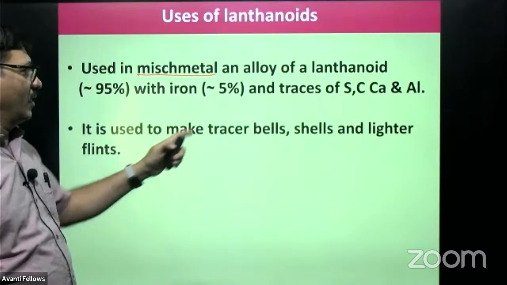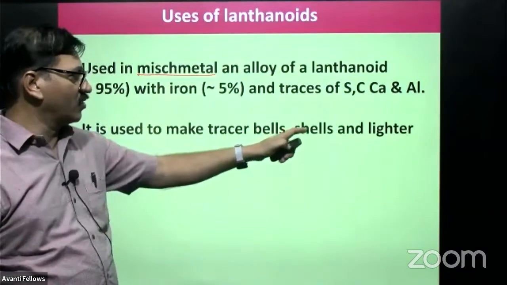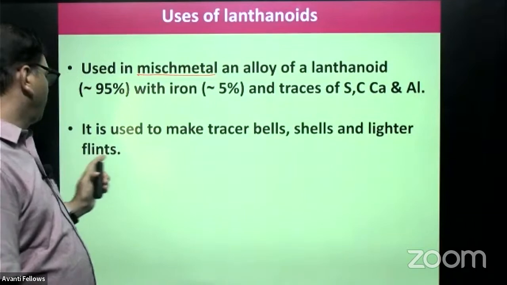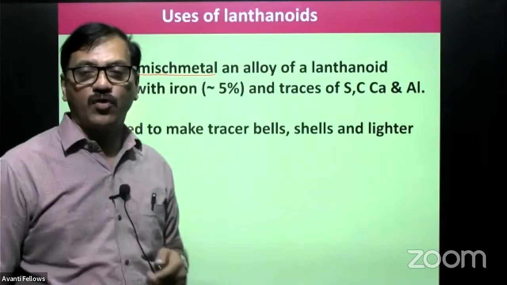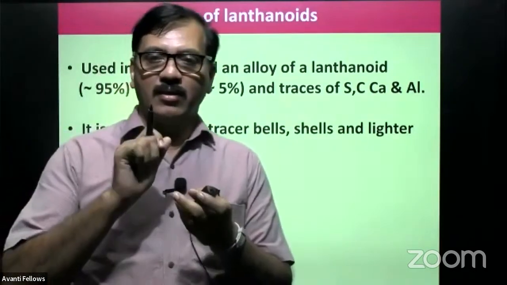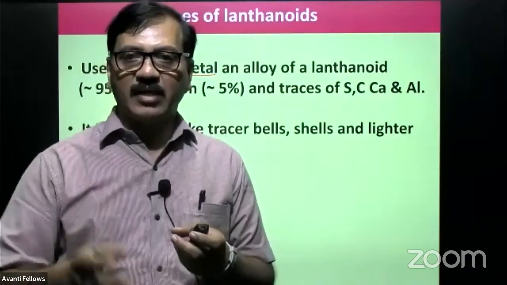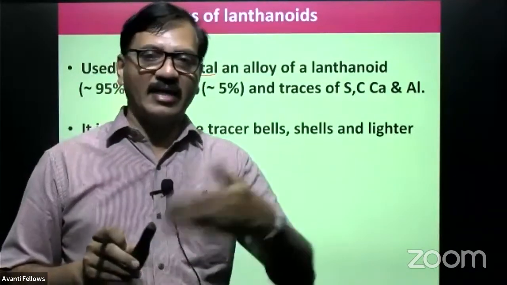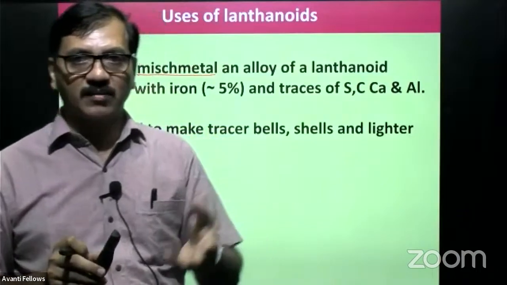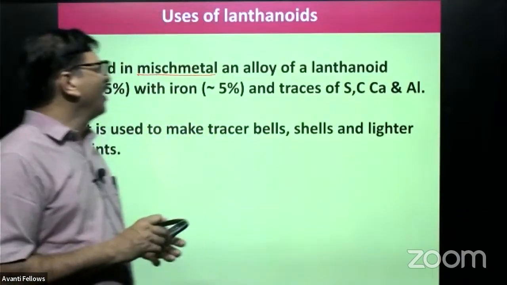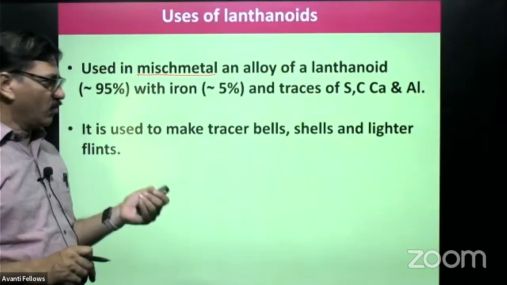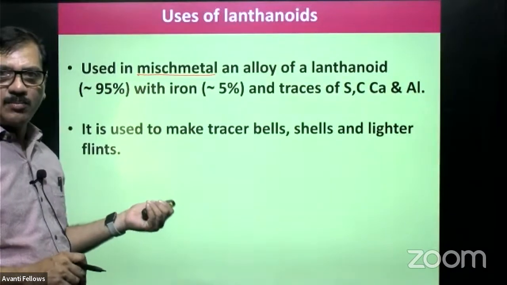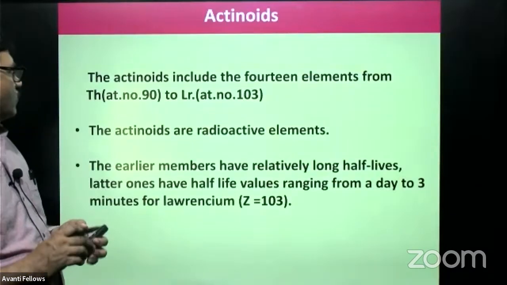It is used in tracer bullets and shells and lighter flints. Okay, they are pyrophoric. When they are rubbed with harsh substances, they catch fire or give sparks, right? Therefore, they are used in these cases. Pyrophoric bullets they are using.